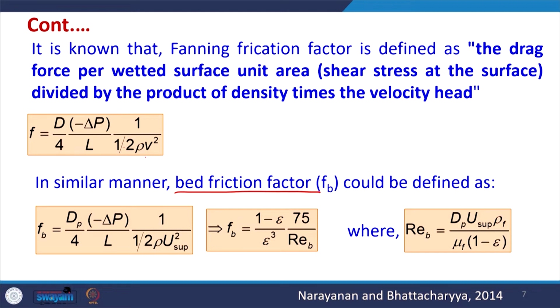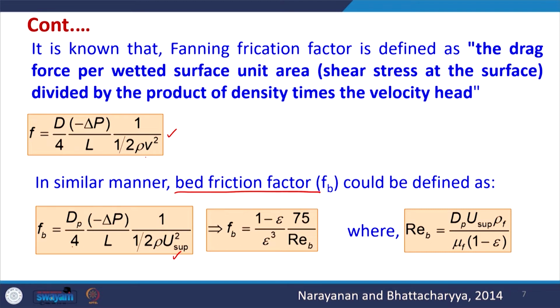So F is given by this particular equation, which can be modified by replacing V with the superficial velocity, and we have this definition, which is called the bed friction factor.